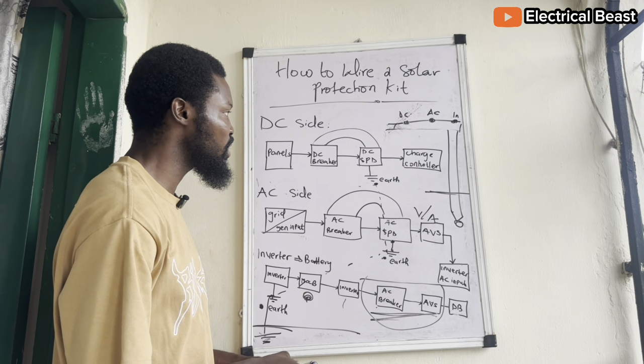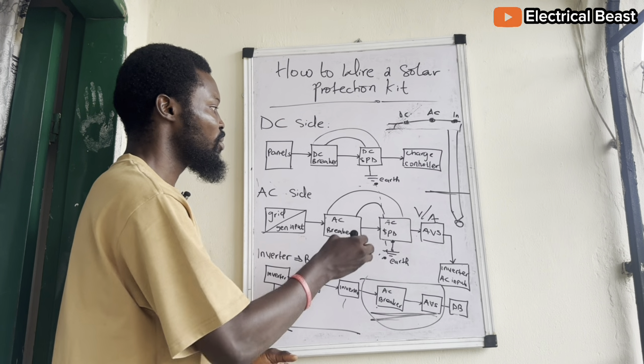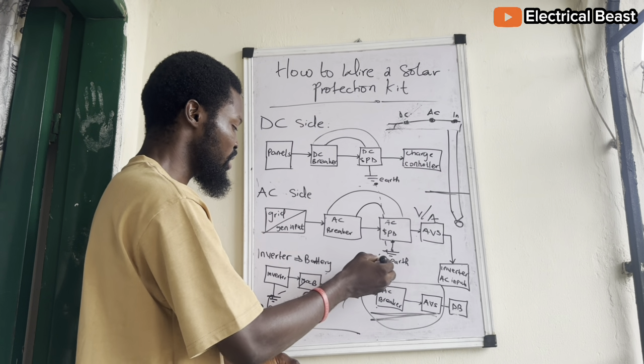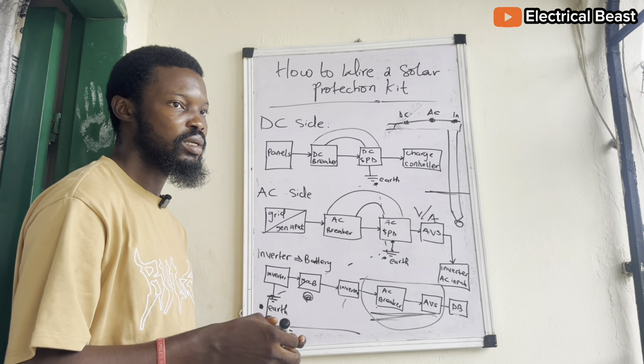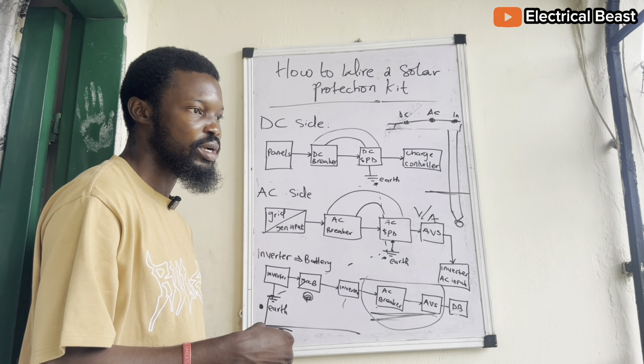But if you connect it separately, this to this and that to that, the resistance between here and here can be more or less than the resistance between here and here. When we have different resistances, we have different potentials, and this gives room for currents to flow around, so you have leakage currents all around.